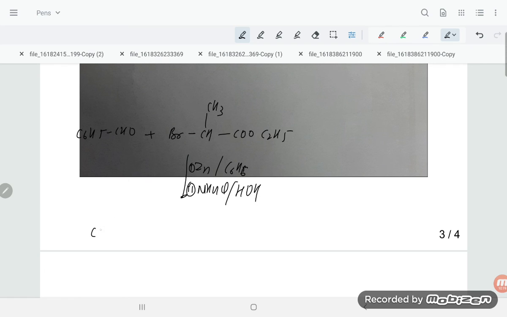So you can check out, the beta-hydroxy ester will form. So C6H5, here will be CH, here will be OH, here is CH, in this case CH3, and COOC2H5. So this is alpha, this is beta, so a beta-hydroxy ester is getting formed, dear students, right?